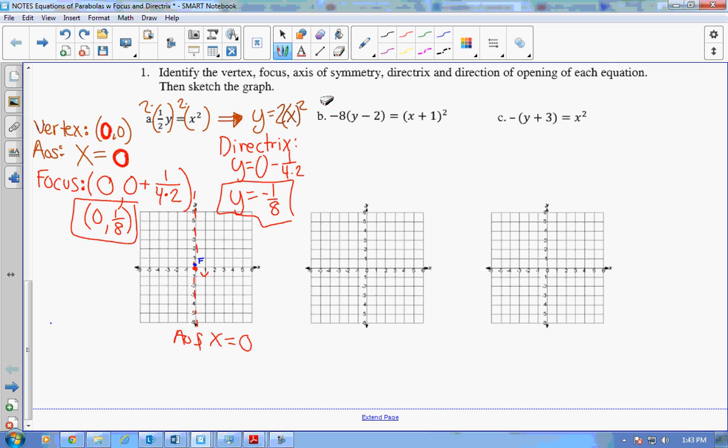This is also a dotted line. Y equals negative 1/8, excuse me. The focus is equidistant from the vertex as the directrix. That gap between the vertex to the focus should be the same distance as the focus to the directrix. They should be congruent. And now I just need to see my parabola.